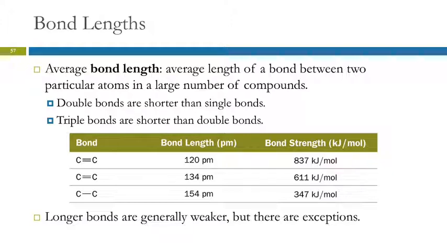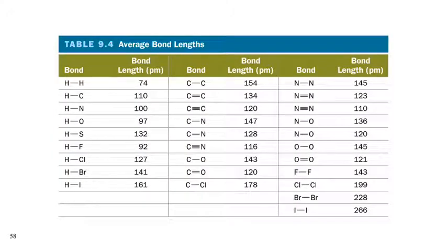Okay, bond lengths. Double bonds are shorter than single bonds. They're also stronger. Triple bonds are shorter than double bonds, and they're stronger. And so we can compare these carbon-carbon bonds. We see that the bond length in a triple bond is shorter, and the bond strength is greater.